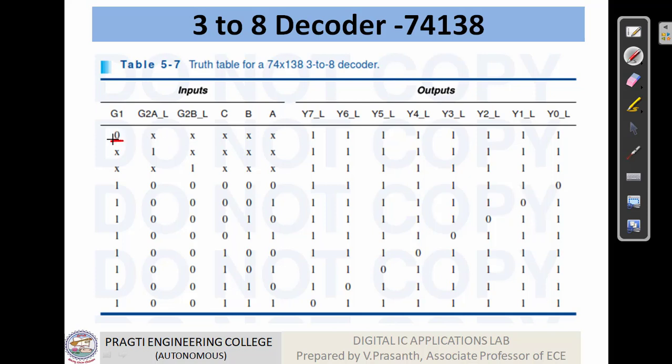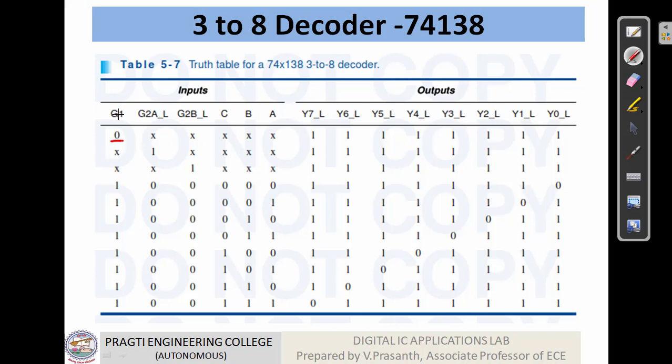But if G1 is 0, regardless of any input, 0 or 1, the output remains inactive, 1. So we are talking about an active low signal. In an active low signal, the output is active when we get the output 0. I have already mentioned this: when the output is 0, the output is active, and if it is 1, it is inactive.